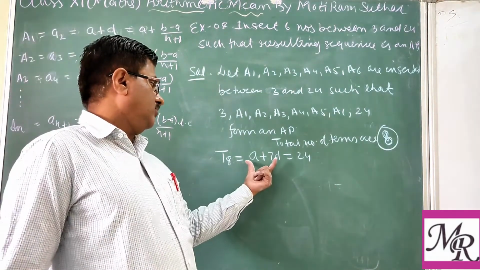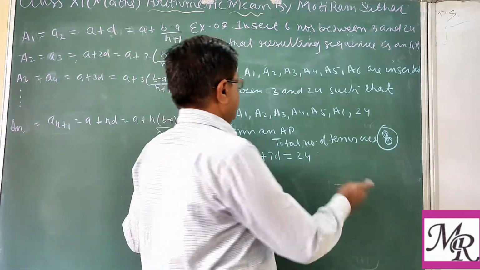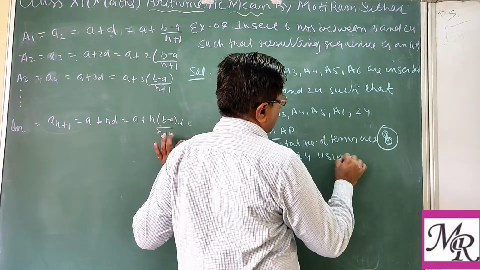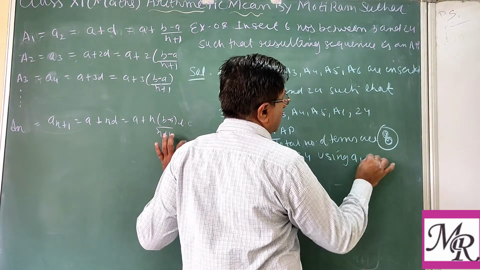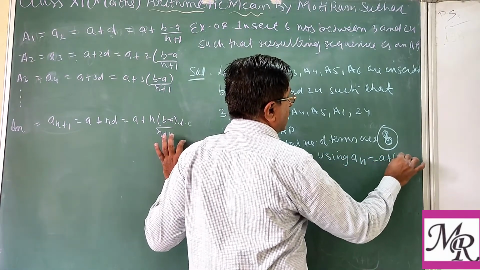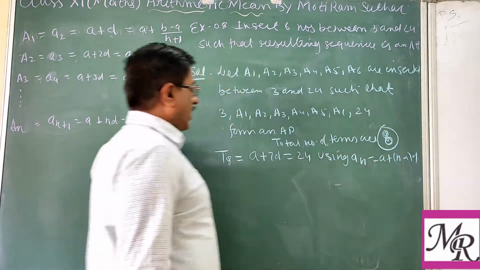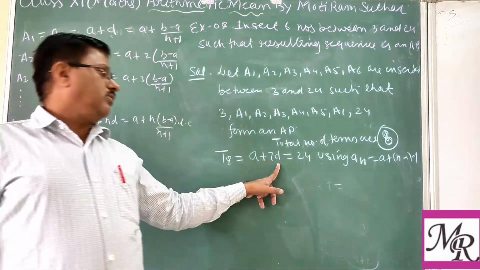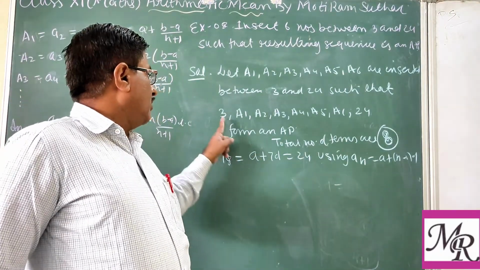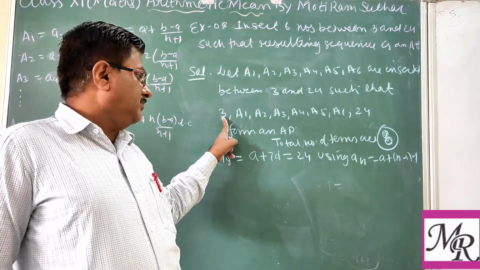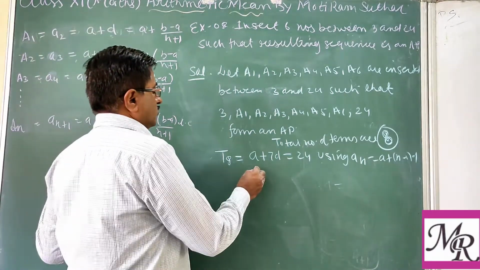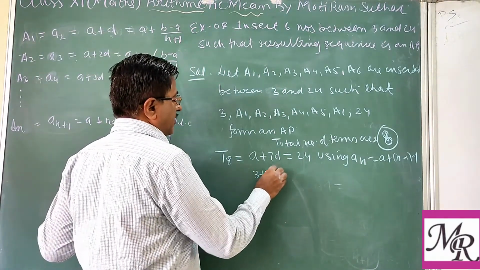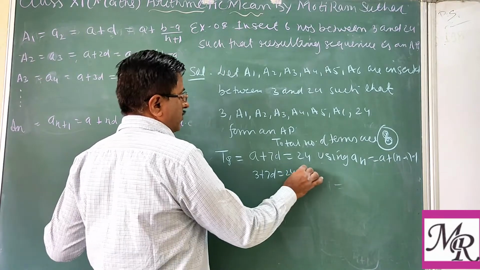Total 8 terms. Using the formula An equals A plus n minus 1 into D, we put 8, so A plus 7D equals 24. Now A is already given, that is 3. So 3 plus 7D equals 24.